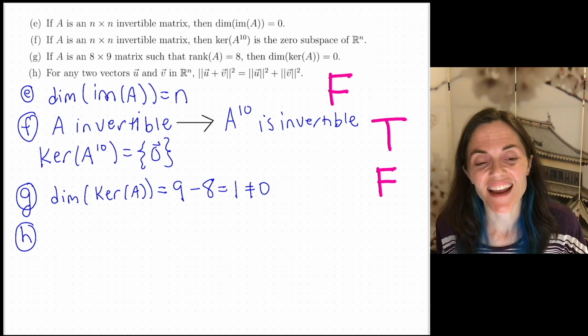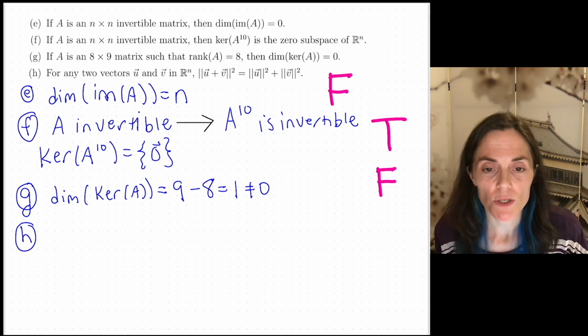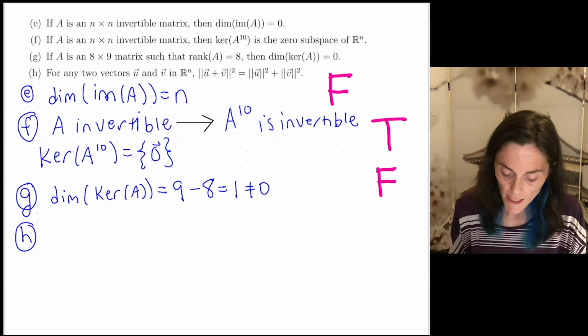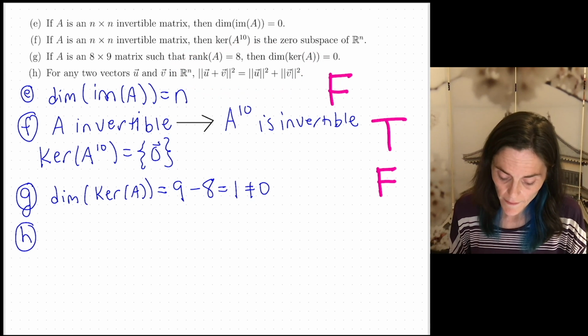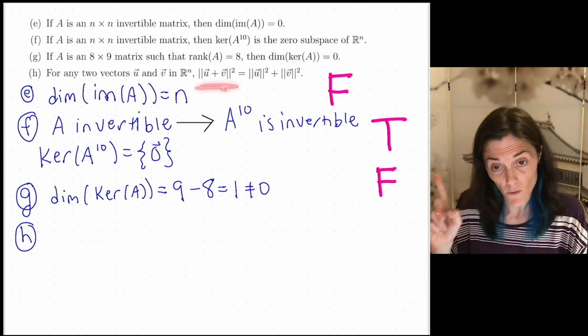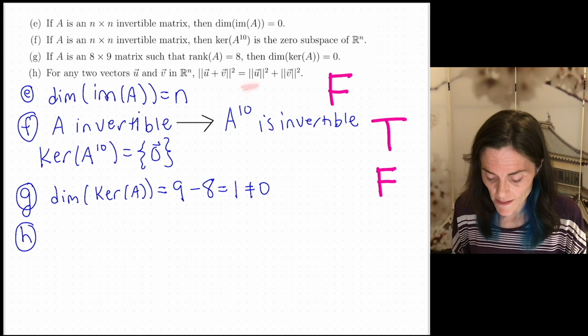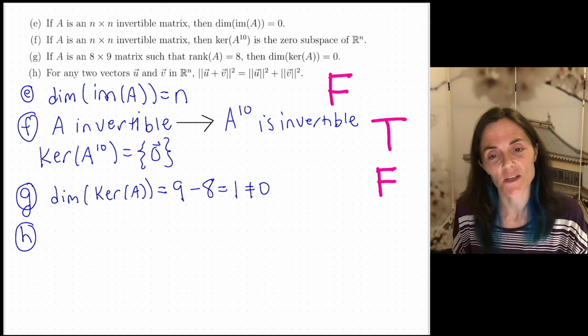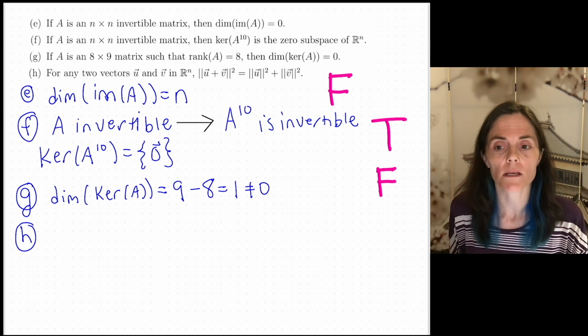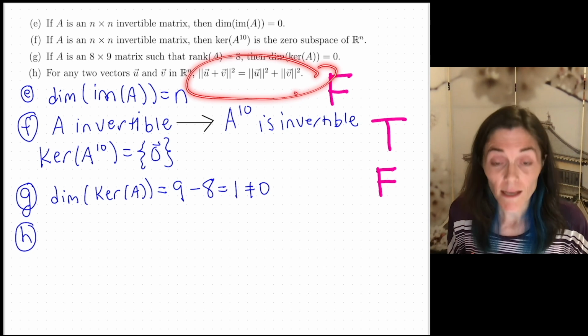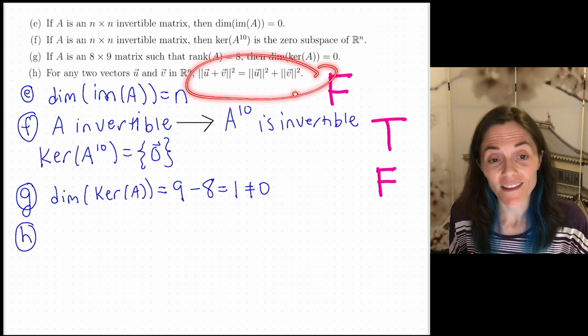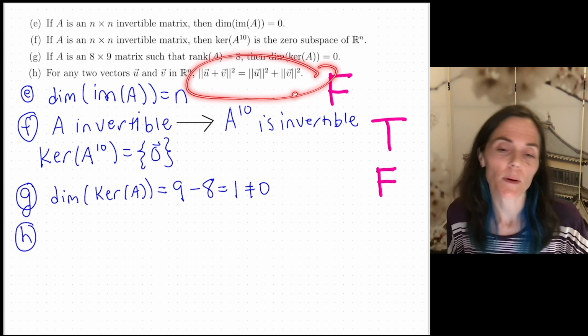We are on letter H. For any two vectors u and v of Rn, if you take the length of u plus v squared, this equals the length of u squared plus the length of v squared. Well, I can just say this is false. We discussed, in fact, this holds if and only if u and v are perpendicular.